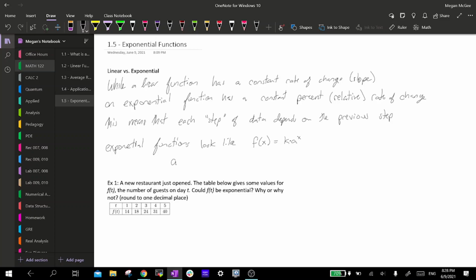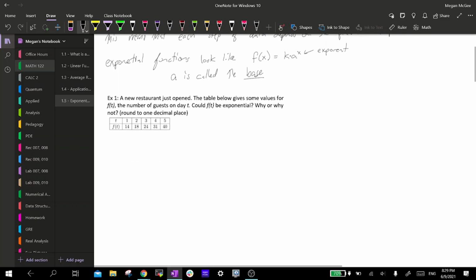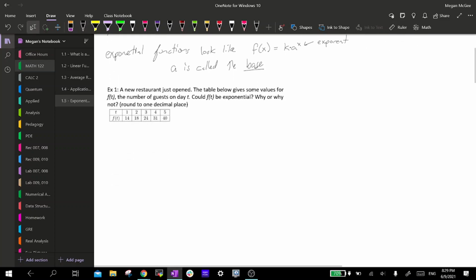Okay, a is called the base of the function. And here we have the exponent, and hence where we get our term exponential function. And k, by the way, is just some constant, which we will address a little bit later.